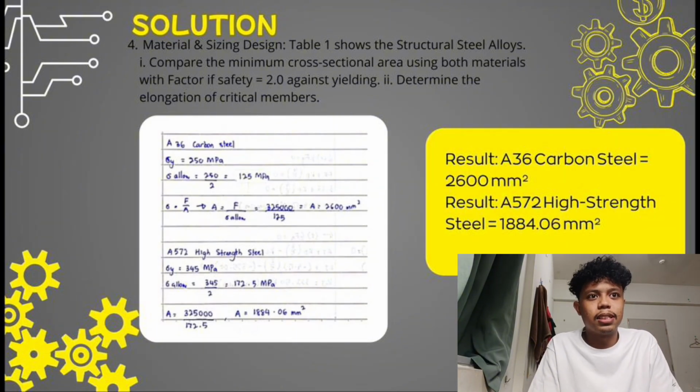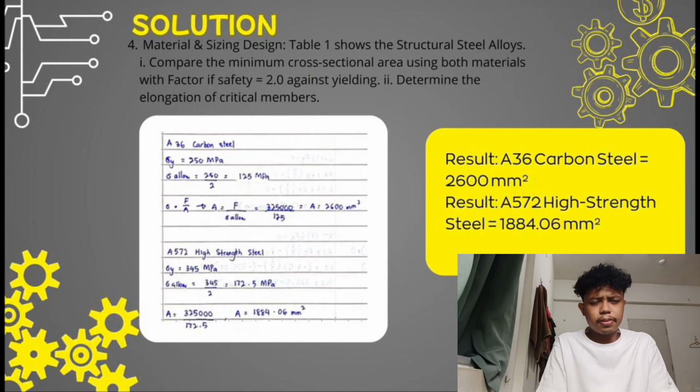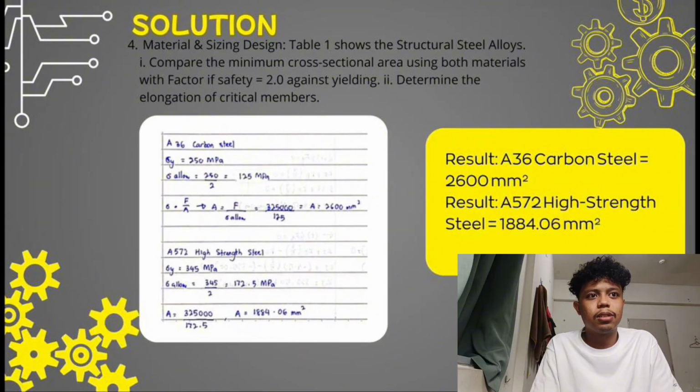Then the solution: for A36 carbon steel, stress Y equals 250 MPa, and allowable stress equals 250 over 2, equals 125 MPa.